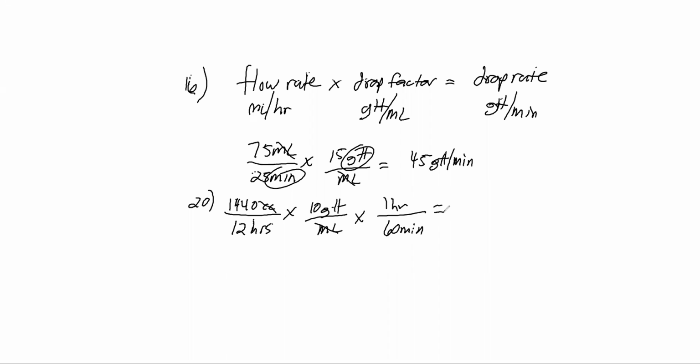But you could just do a side step: 12 times 60 is 720, and that would be minutes. If you substitute these two, 1440 over 720 is 2, times 10, is 20 drops per minute.